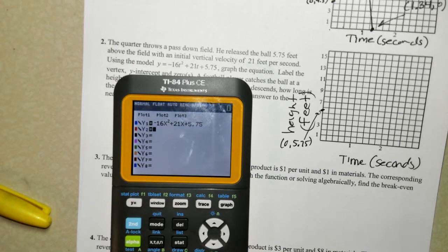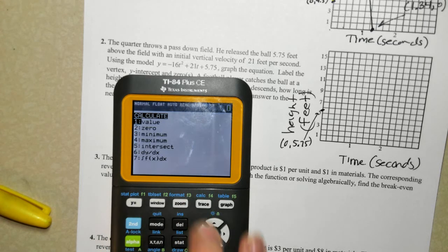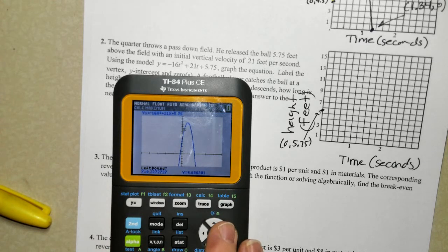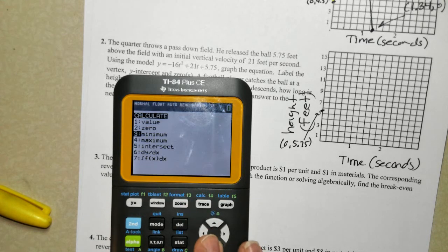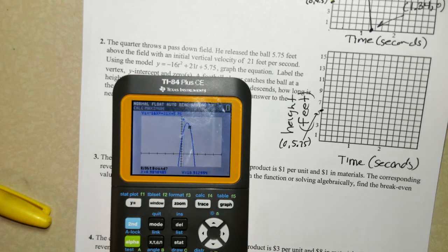I'm going to take out that second equation, and now I'm going to figure out what is that maximum. Second trace maximum. So left of the highest point, right of the highest point, and back to the highest point.